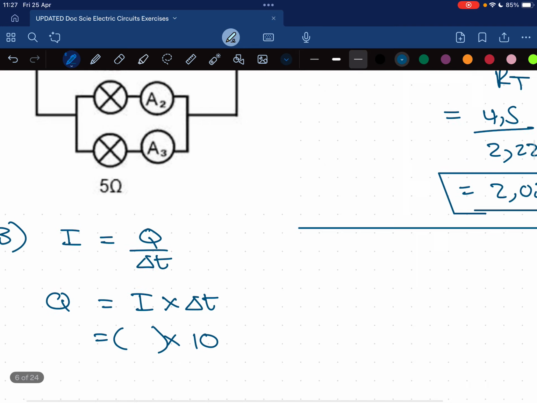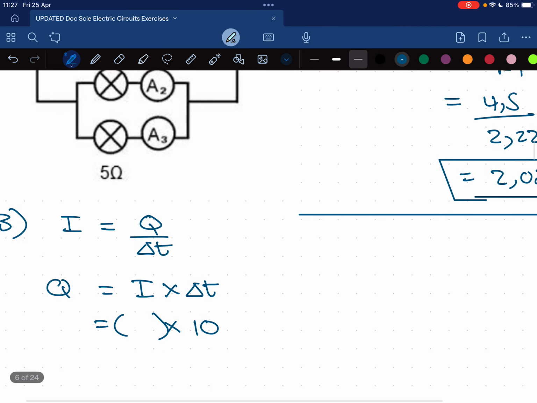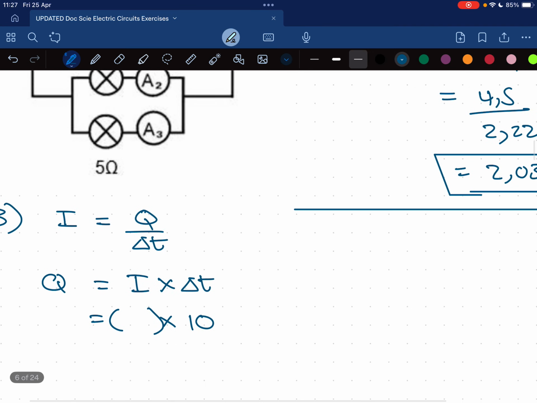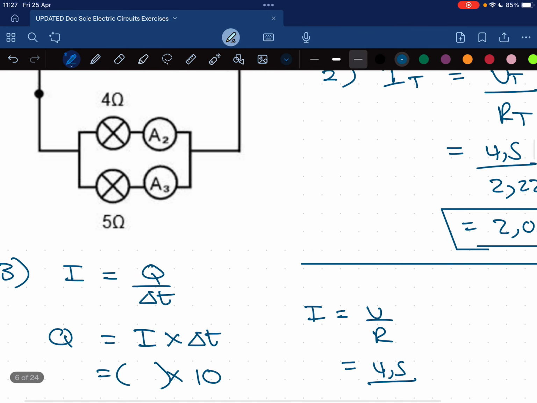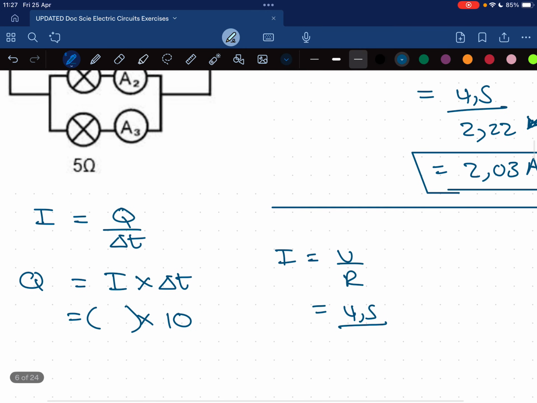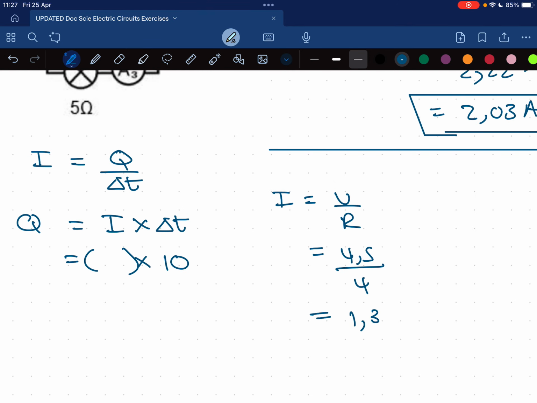So I can say, well, the current that goes through that is equal to V over R. The voltage is the same as the total voltage. The resistance is going through the 4 ohm resistor. So the current there is going to be 1.33 amps.